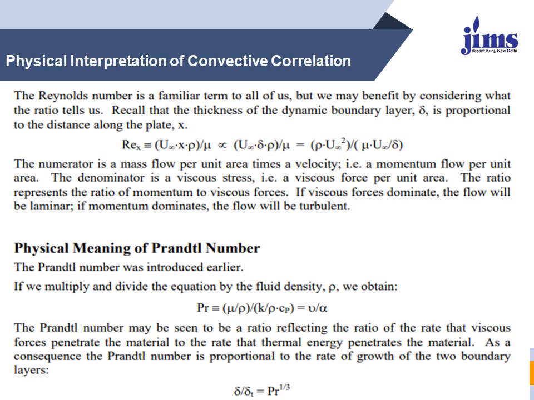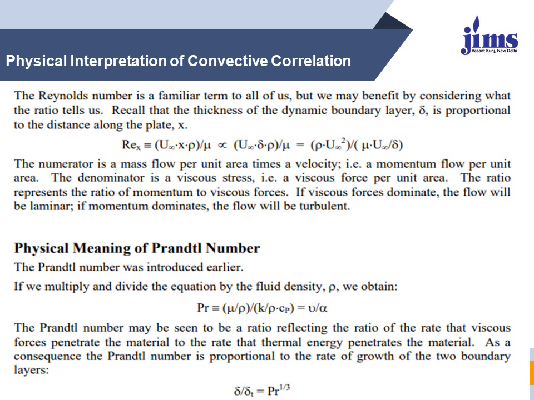So the next is the physical significance or physical meaning of Prandtl number. The Prandtl number was introduced earlier. If we multiply and divide the equation by the fluid density rho, mathematically Pr is equal to mu divided by rho whole divided by k divided by rho Cp, and finally it can be expressed as nu divided by alpha, where nu is the kinematic viscosity and alpha is the thermal diffusivity.